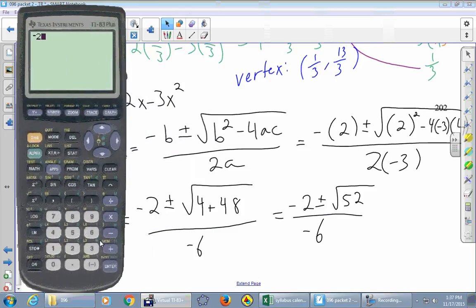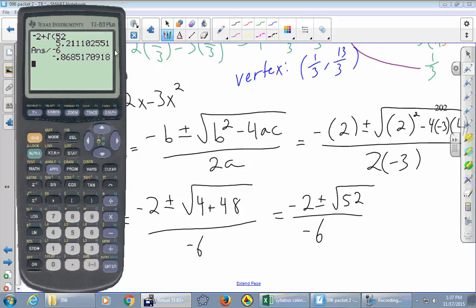Okay, so we're doing -2 plus the square root of 52. I like to do this in 2 steps. I hit enter there and then divide by -6. So there's one of our X-intercepts. This one said round to the nearest what? In the directions? 100th? Okay, so what is this? -0.87, that's one of our answers.